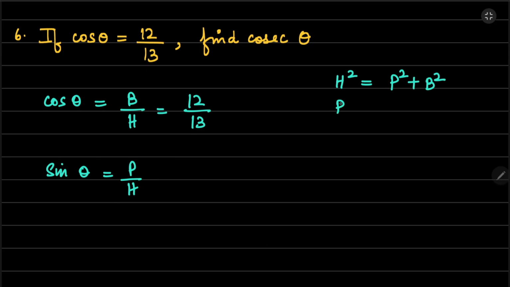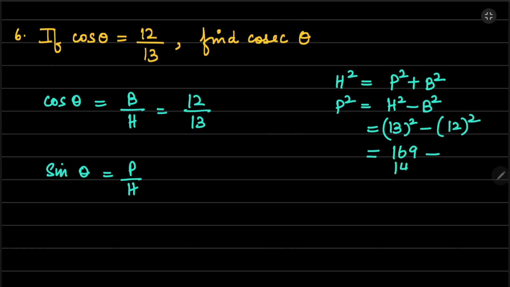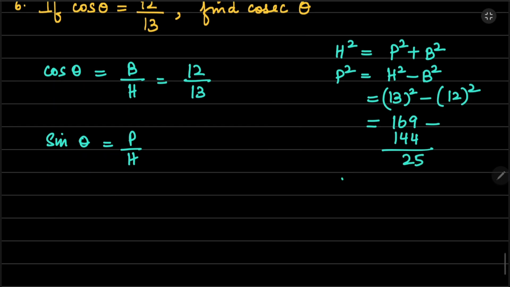We don't know P, so P square equal to H square minus B square. What is H? 13 square minus 12 square. 13 square is 169 minus 12 square is 144. What do you get? You get 25. So P is equal to plus or minus root of 25. So P is equal to 5.